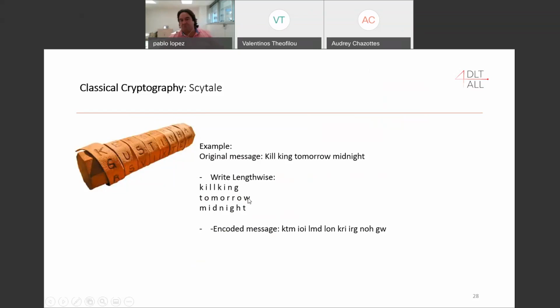So it's a simple, or not that simple, way to encrypt the message, and it only works if you have the same cylinder. Of course, if this cylinder is a common object and no one knows that it could be used to decrypt a message, it will be something useful, something funny, something you will always have to play with and remember.